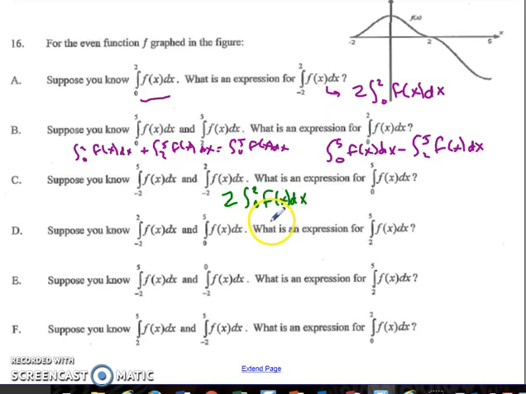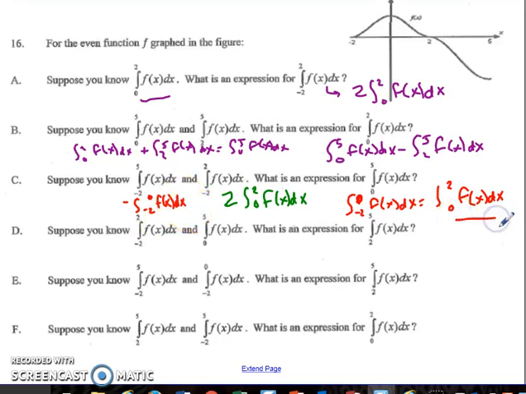We know through symmetry that the integral from -2 to 0 is equal to the integral from 0 to 2. So if I take the integral from -2 to 5 and subtract off the part of it that is from -2 to 0, I'm subtracting off the same as the integral from 0 to 2.